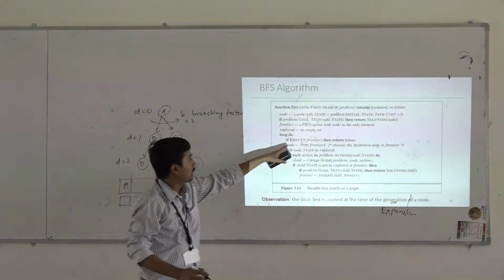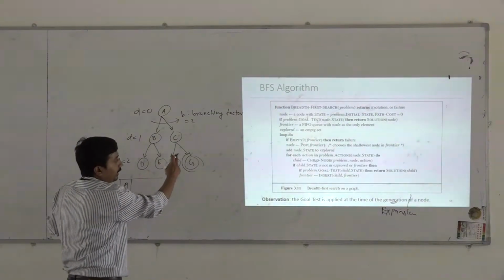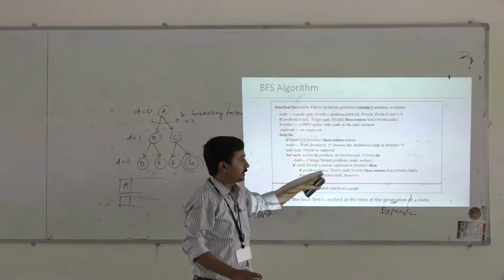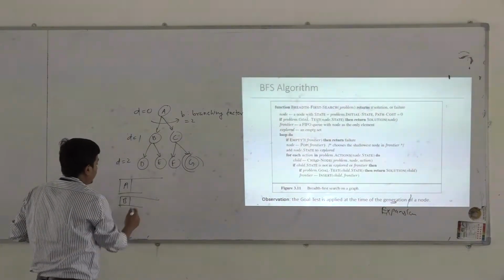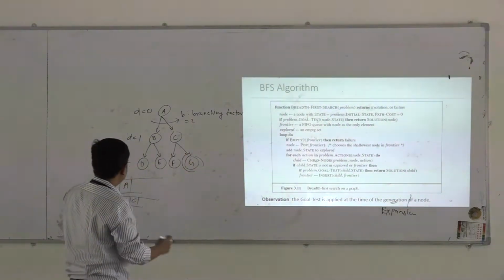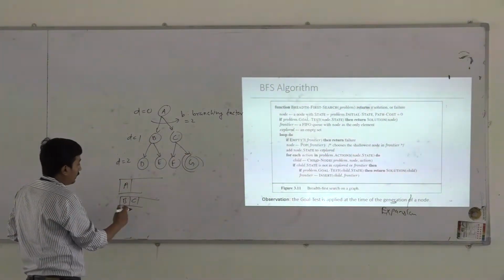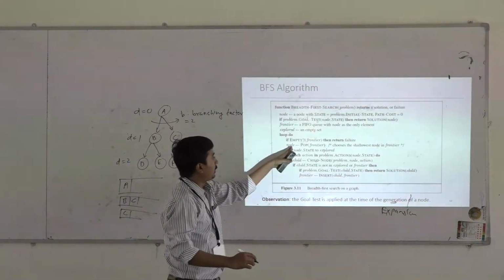Then we apply actions on it. B is generated and checked against the goal. It is not a goal, so we insert it. Then by the next action C is generated. C is not a goal, so we add that. Then B is removed.